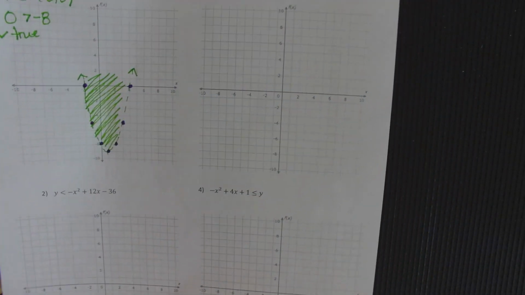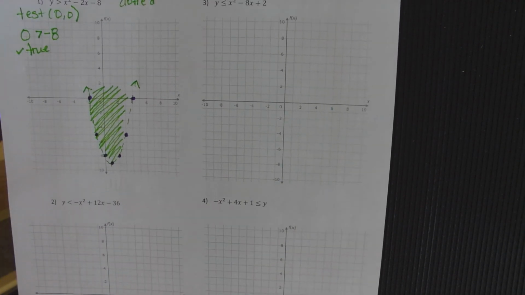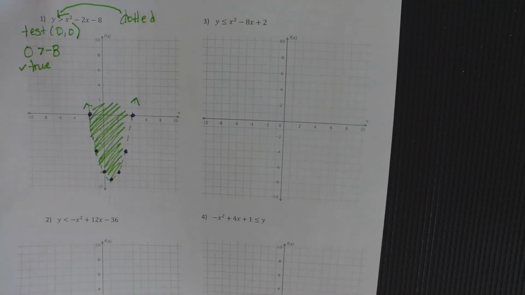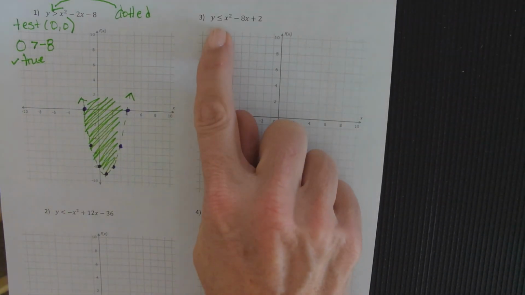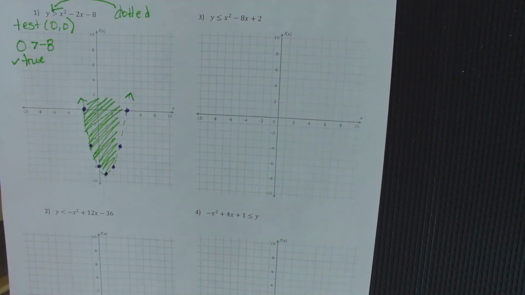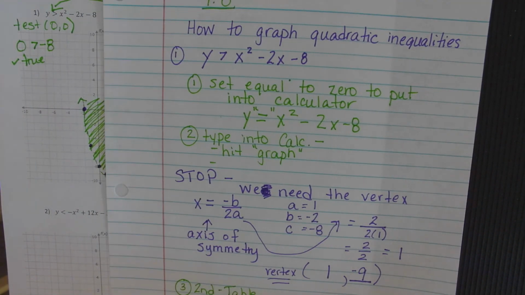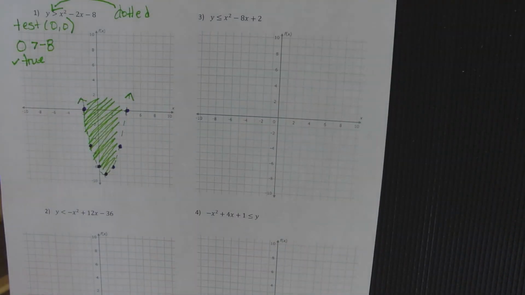I do need to speed it up a little bit because I would like to get 2 more done. All right. If you want to go ahead and put this in your calculator, you remember the steps. Set it equal to 0, or just put it in your calculator.